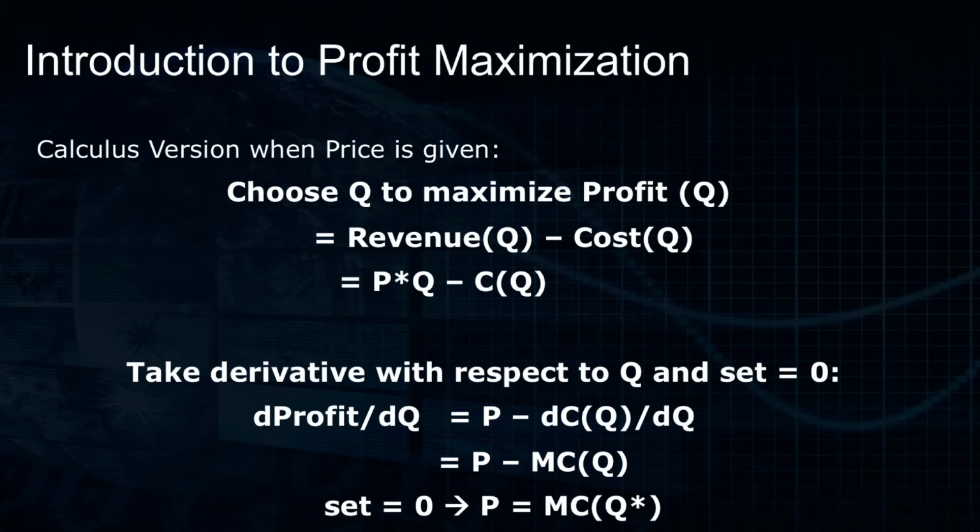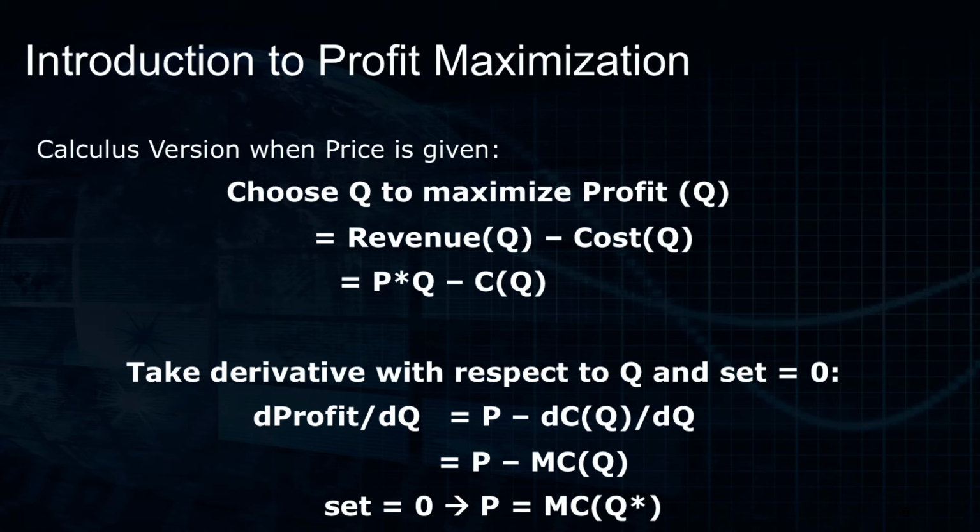In order to maximize, remember, we take a derivative, set that derivative equal to 0, and then solve for Q. So we're going to take the derivative of our profit equation with respect to Q and set it equal to 0. On that line, third from the bottom, we have d profit over dQ.